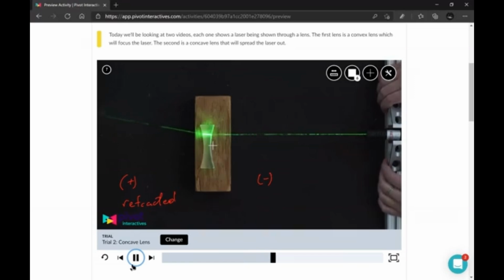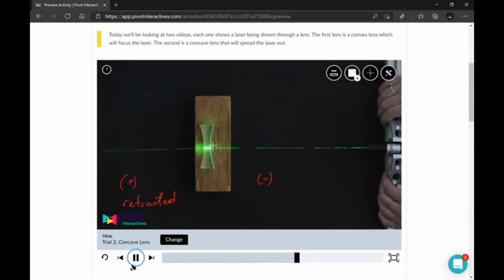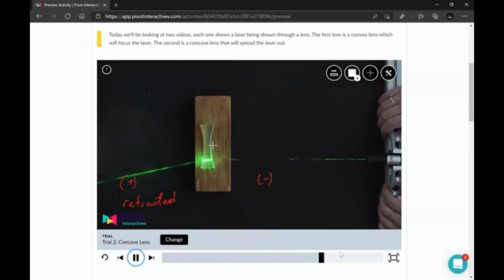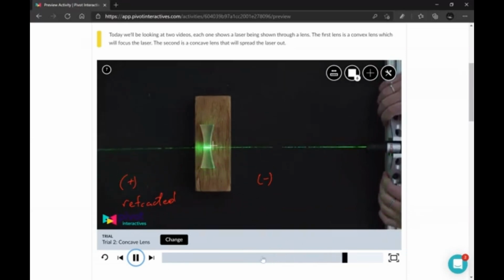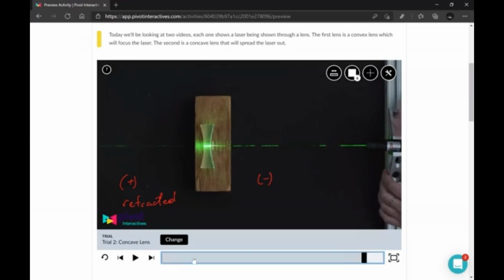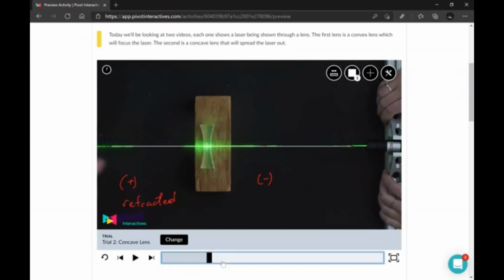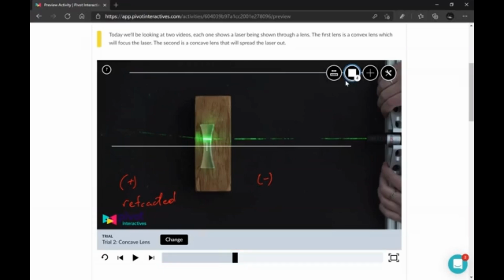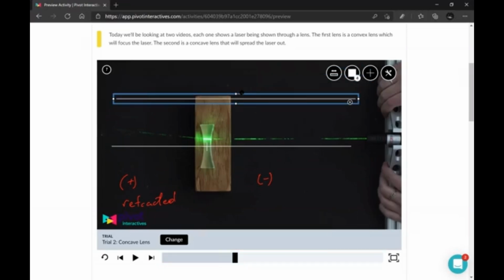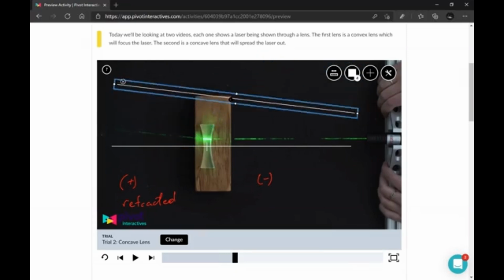It refracts to the other side. Then your goal will be to take it, put it at the center, use it as a reference, then use some of those lines. So here's your line 1, where you're looking at one of the outgoing lights. And then you look at another outgoing light. Do like this.